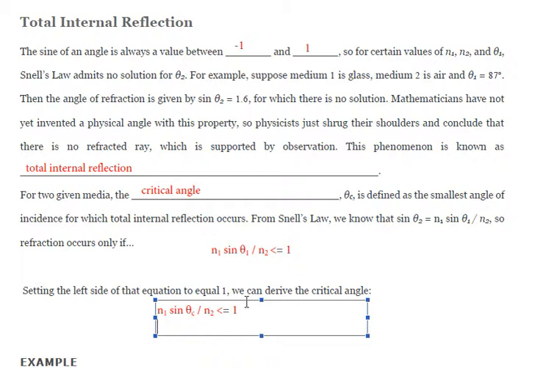Multiply by n2, divide by n1, take an inverse sine. So theta c has to be equal to inverse sine of n2 divided by n1. Just keep in mind when you're using this equation, n1 is the medium that the light is already in. It's trying to leave 1 and transfer into 2, but it doesn't quite make it.